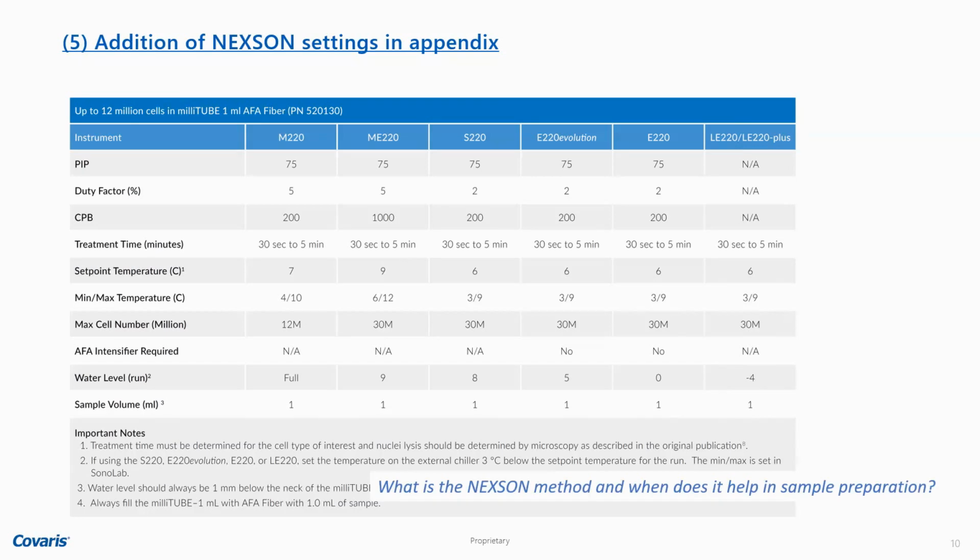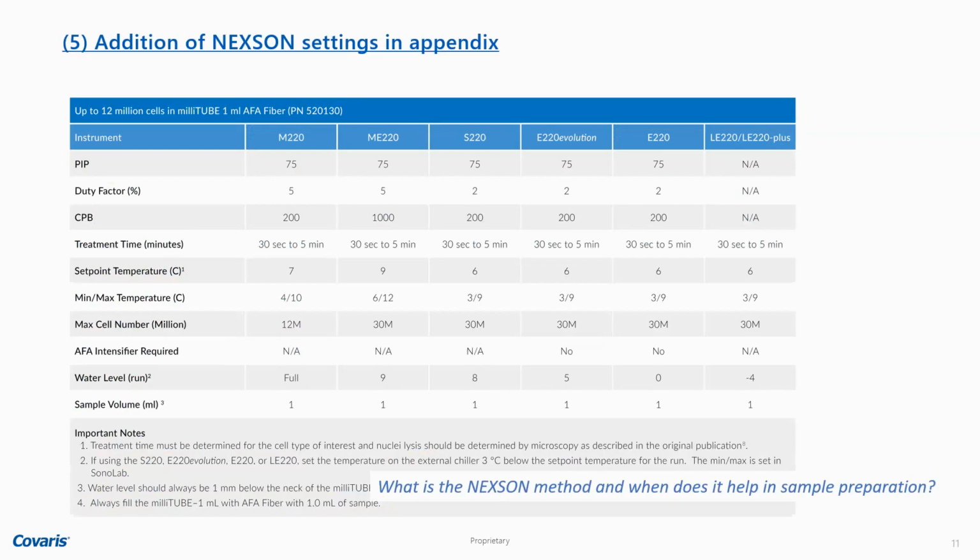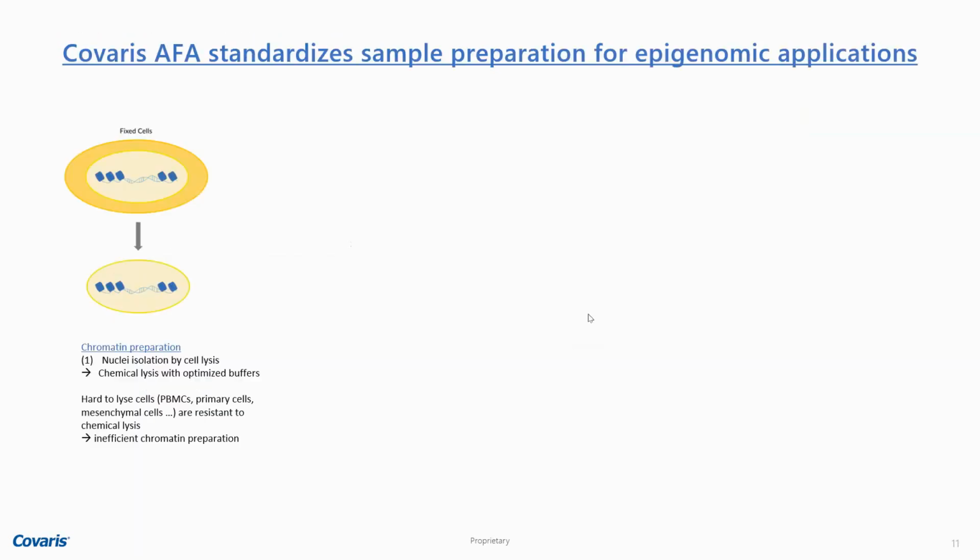So, what is the Nexson method, and when does it help in sample preparation? I already explained our ChIP kit, which really helps in standardizing sample preparation workflows. However, normal nuclear extraction with only chemical buffers could be inefficient for some cell types.